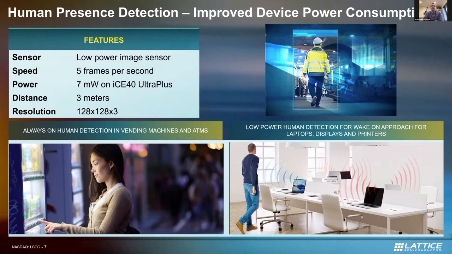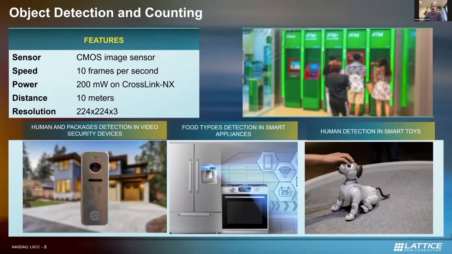So this might be if you've got a particular battery powered machine, you'd rather power it down when no one is around. You can do this in a very low power way because generally, when the person comes up to use the equipment, they're in pretty close proximity to it.